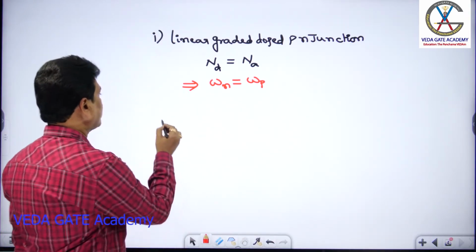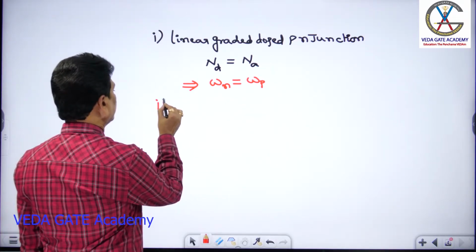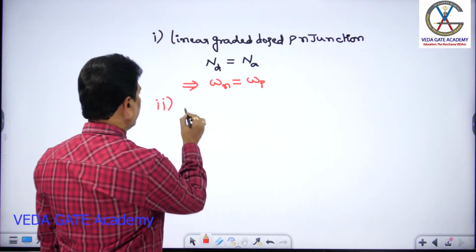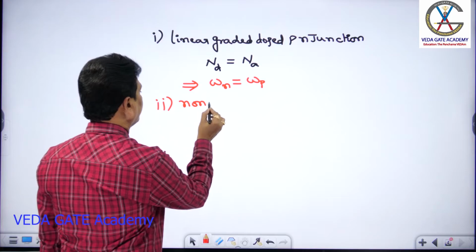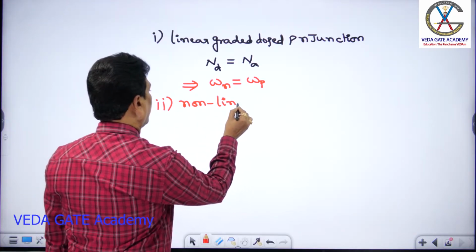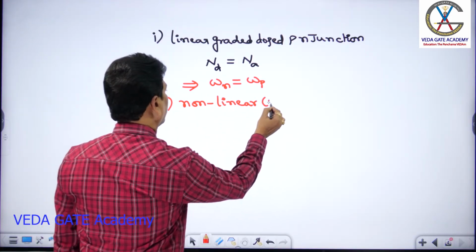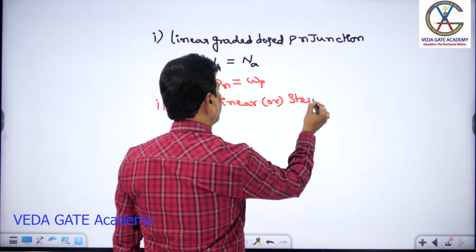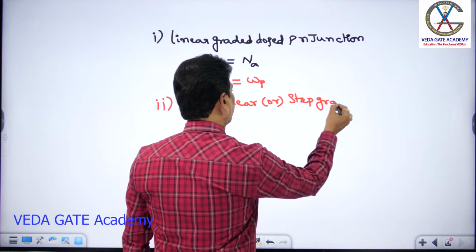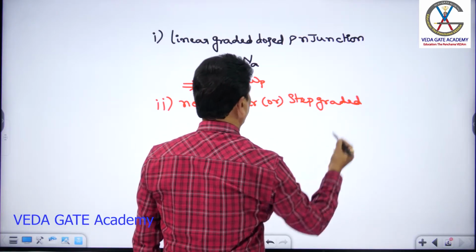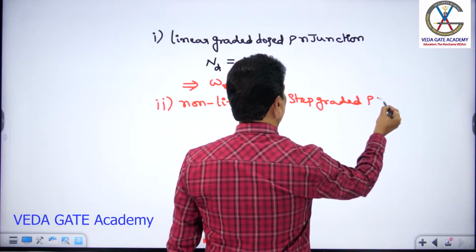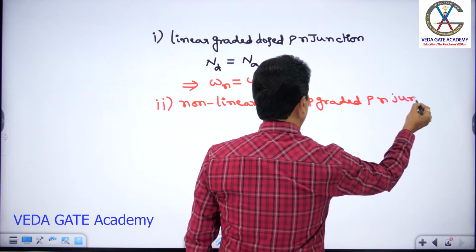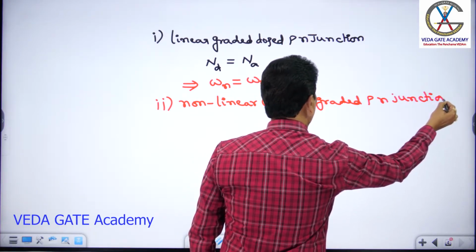The other one is non-linear or step graded PN junction. In this, the doping order is different on the N and P sides.